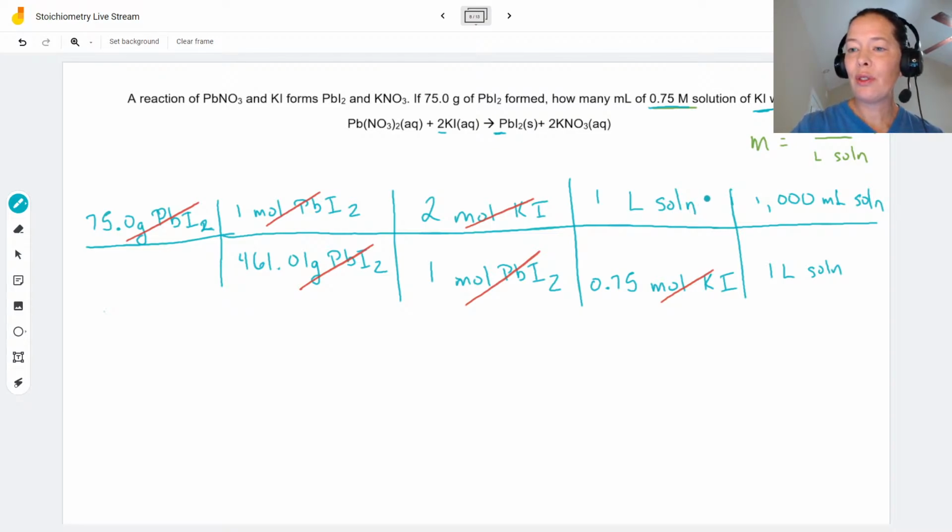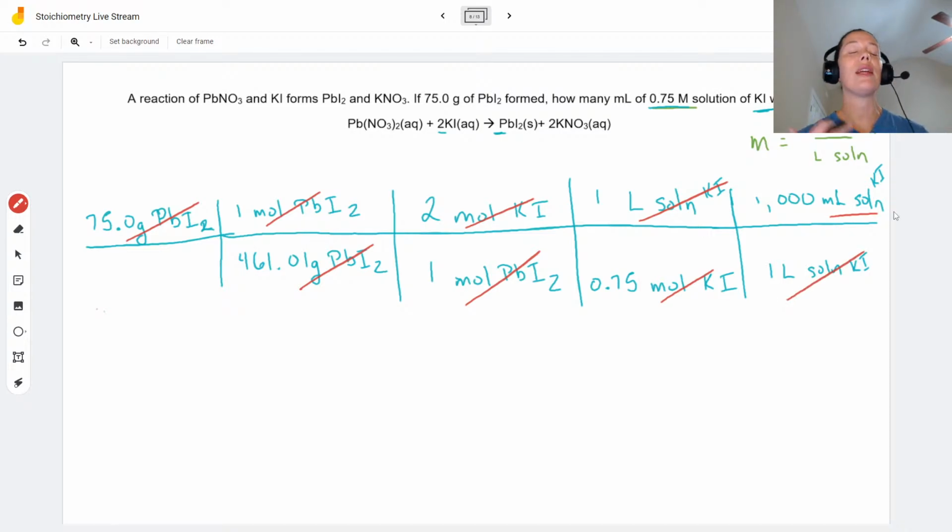This is liter of solution. Specifically, this is the potassium iodide solution. Let me just squeeze that in here. Let's make sure I'm canceled. Yes, my liters of solution cancel. Now I'm left with milliliters of solution, and again, the solution is potassium iodide, which is exactly what the problem up here wants.